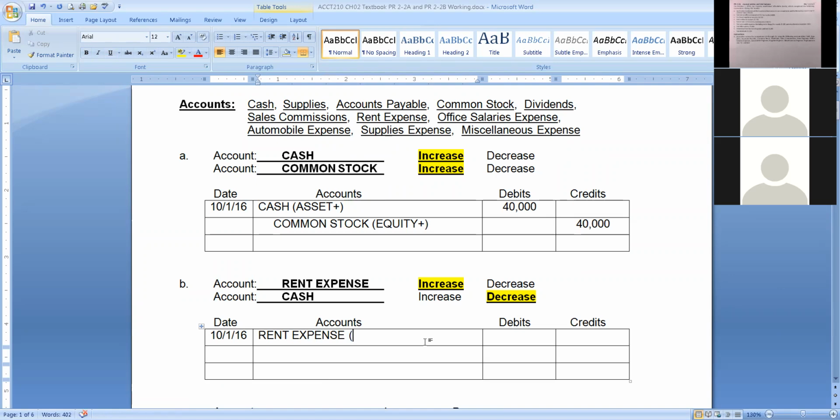And those are always debits. So whenever you run into an expense, debit. Cash is an asset and it's going down.